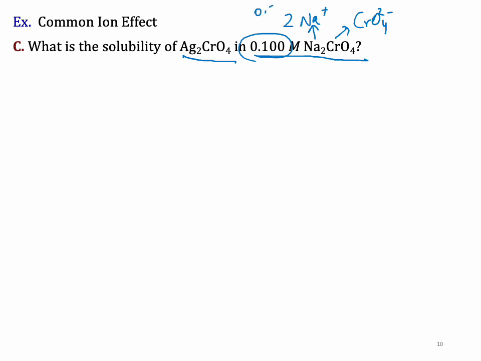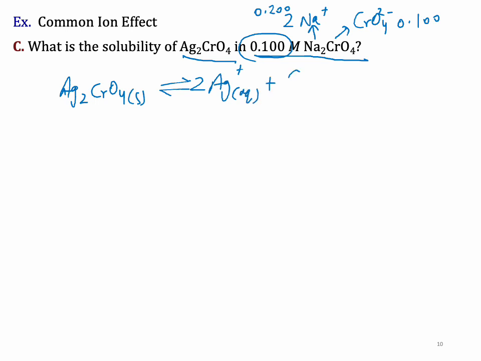I have 0.200 of sodium and I have 0.100 of CrO4. But I'm interested in Ag2CrO4 solid dissociates to give us Ag plus 2 and 1 CrO4 2 minus.